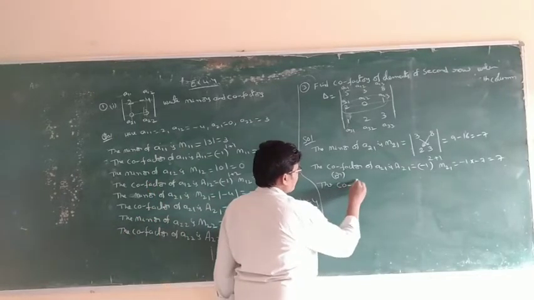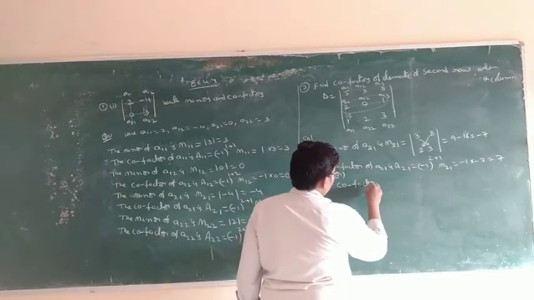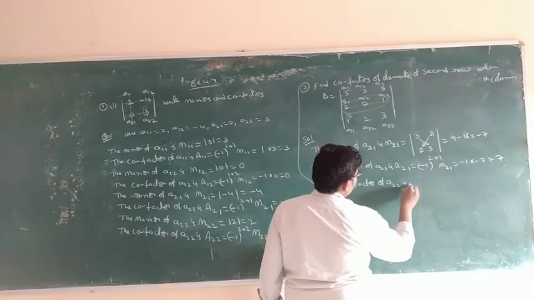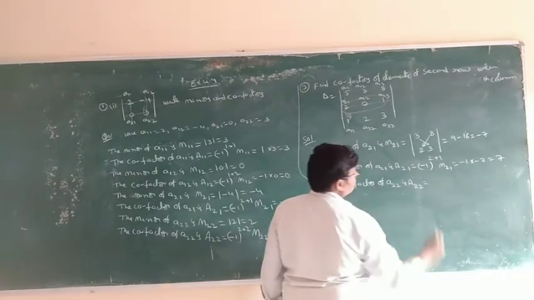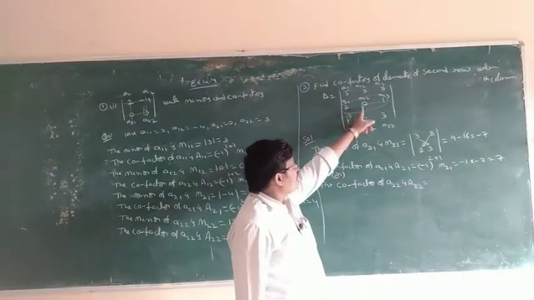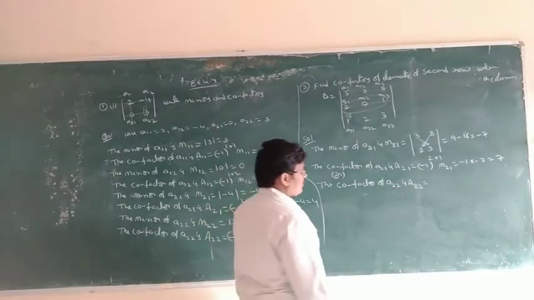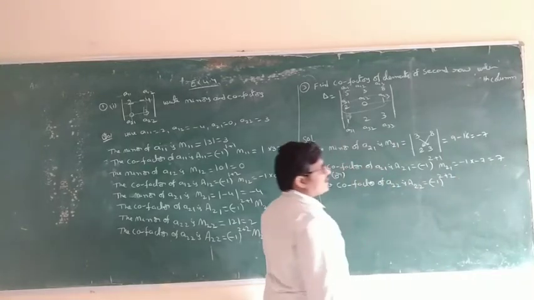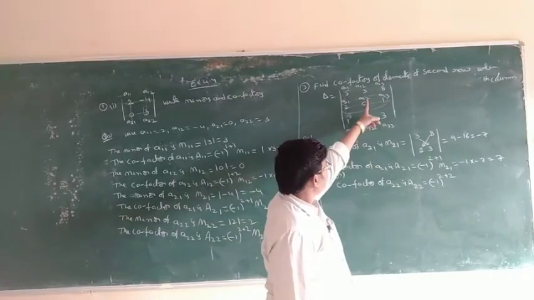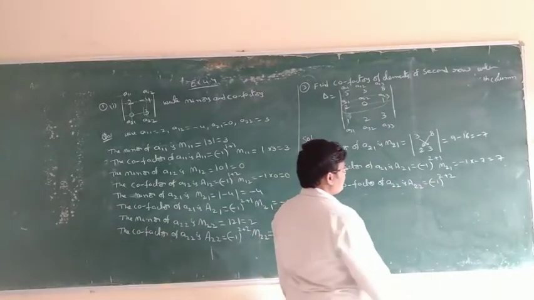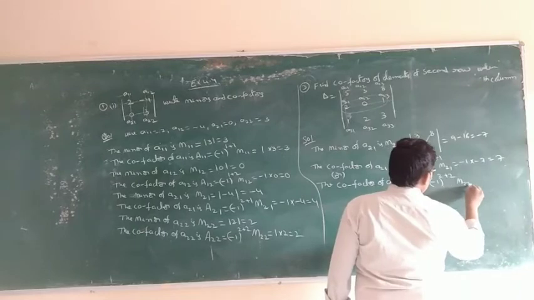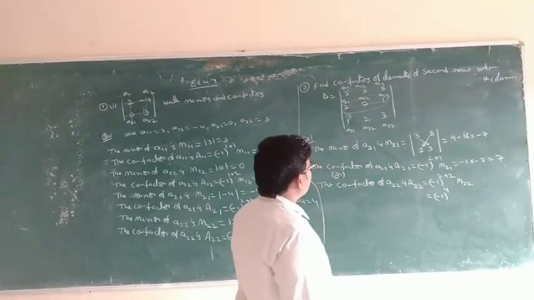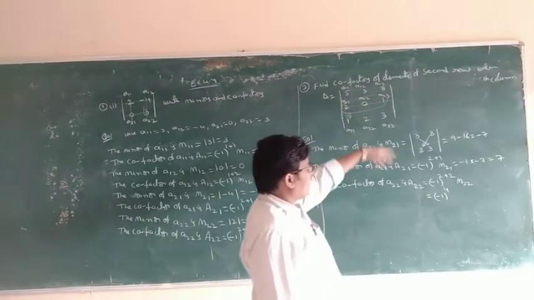So the cofactor of which element? The cofactor of A22 is capital A22. The formula is minus 1 whole power 2 plus 2, second row second column, into M22. So that is equal to minus 1 whole power 4 into the 2 by 2 matrix minor directly.